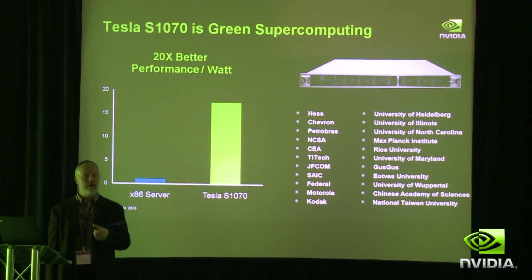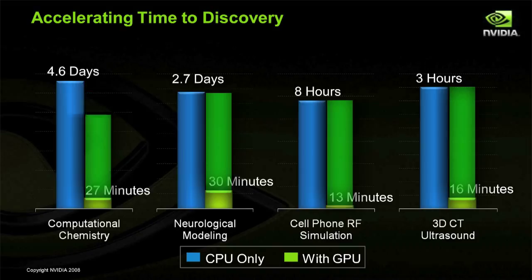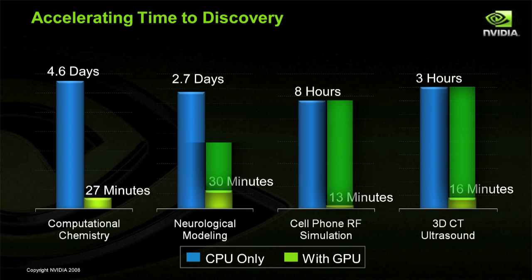It's also much better performance per dollar and much higher overall peak performance. When you compare what you're able to do with conventional CPU-based computing to what you're able to achieve with heterogeneous parallel computing with a GPU and a CPU, the results are really phenomenal.